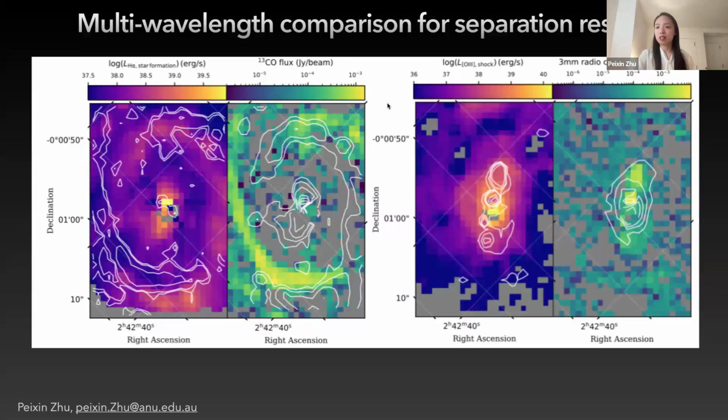So it could be very expensive to require that all galaxies have multi-wavelength observations.